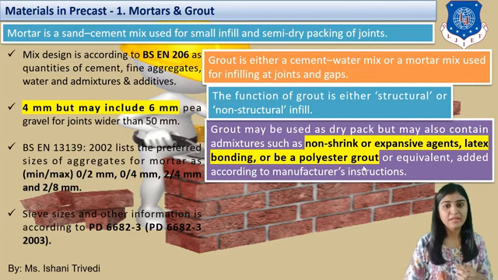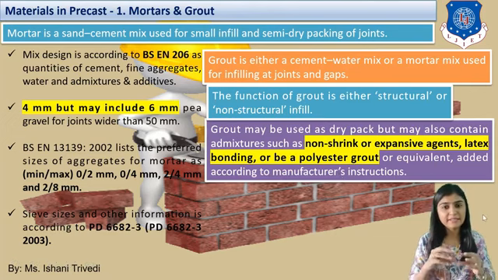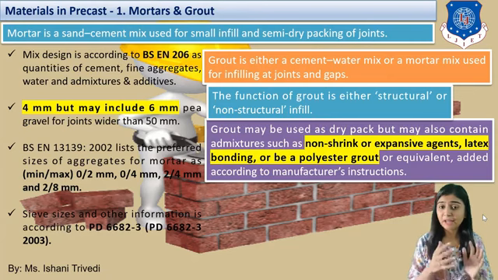That is the type of chemical admixture. Latex bonding or polyester grout or equivalent can be added according to manufacturer's instruction. These are certain types of chemicals which can be added along with the grout, because what is your requirement? That the gaps which are infilled with mortar and grout should not expand, and because of this reason this can be specified.